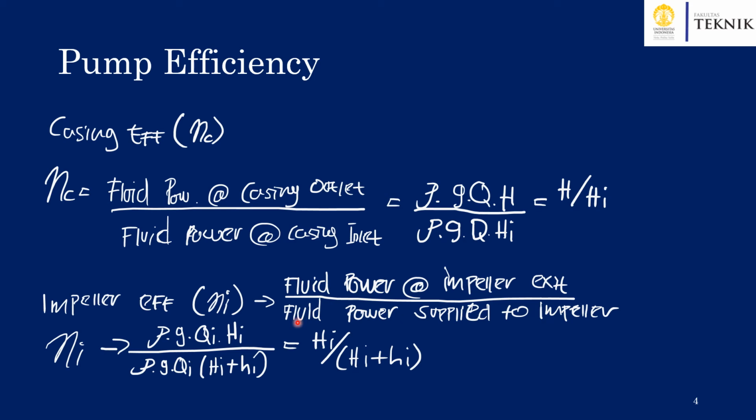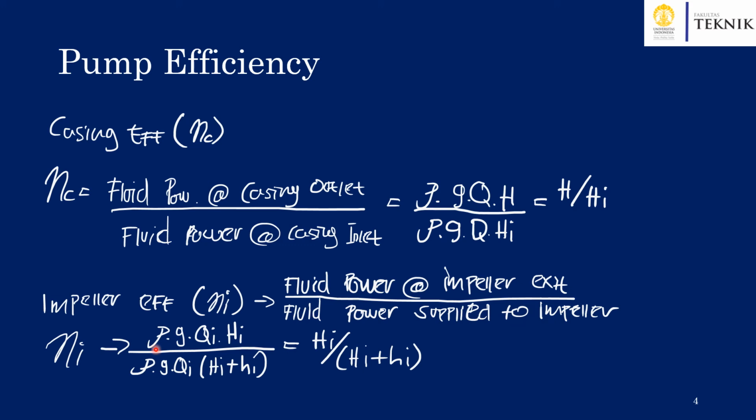So we get this one previously from the leakage power loss. And the second efficiency is the impeller efficiency, which is a function of the fluid power at the impeller exit divided by the fluid power supplied to the impeller.